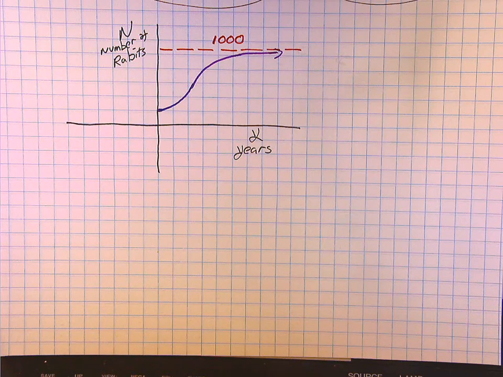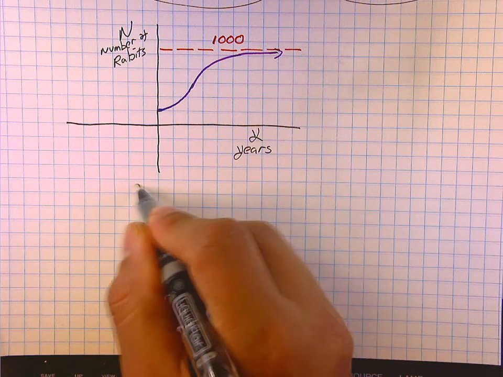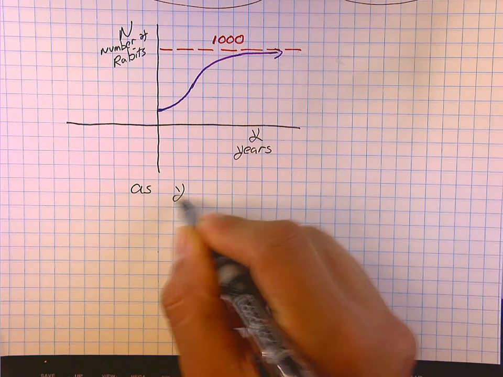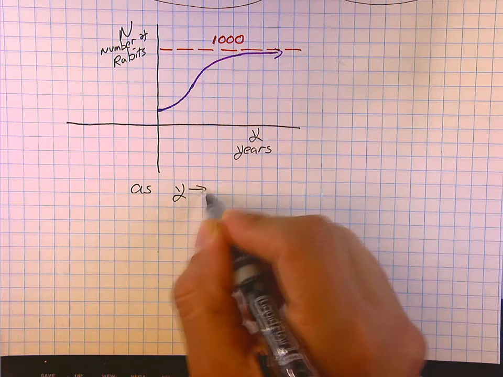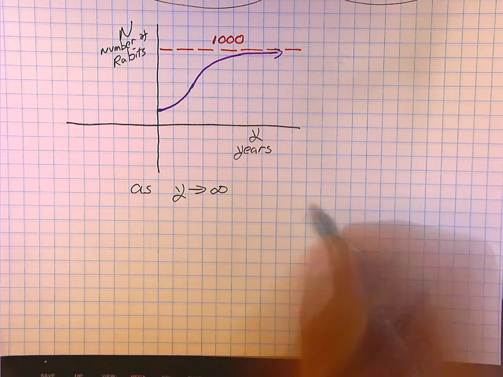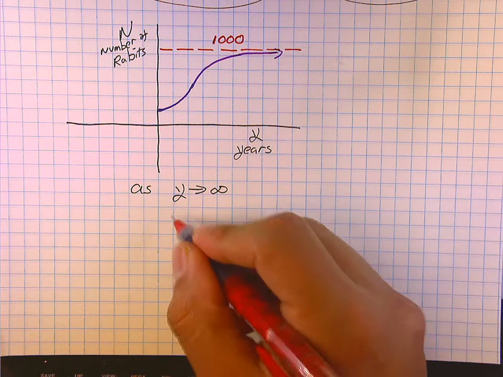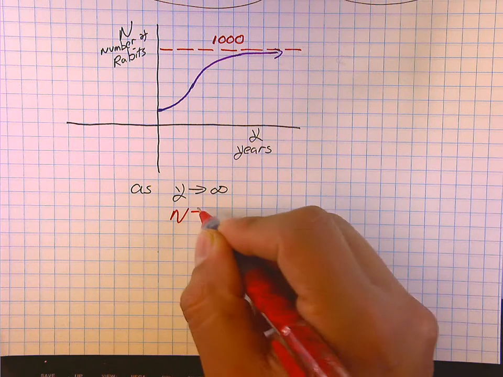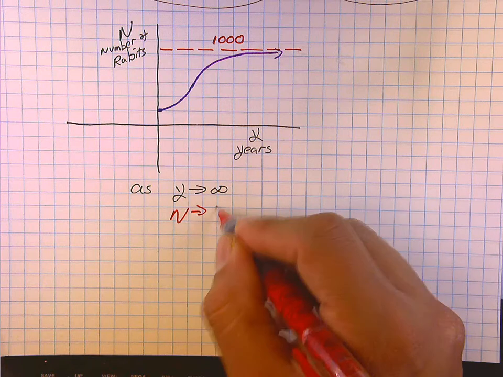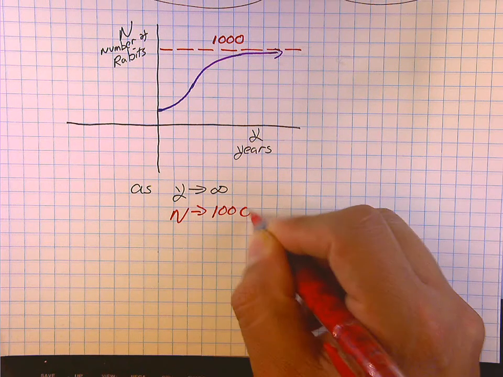So, we would say, for our purposes, two different ways we can write this. As y, the number of years, increases, the number of rabbits is approaching, with an arrow, 1,000.